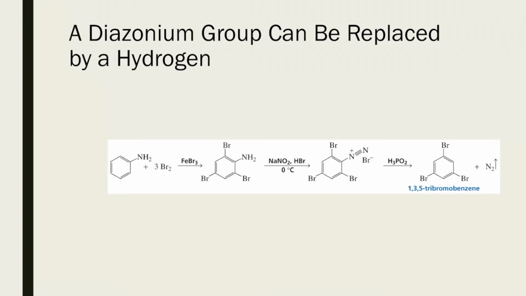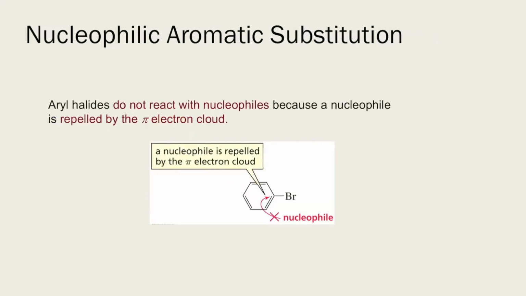This is a very useful reaction where the amino group is used for directing purposes. It is difficult to envision how 1,3,5-tribromobenzene could be synthesized without this reaction.